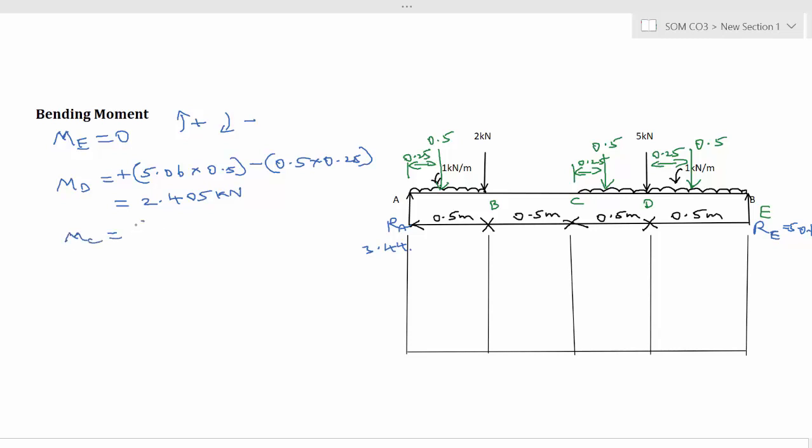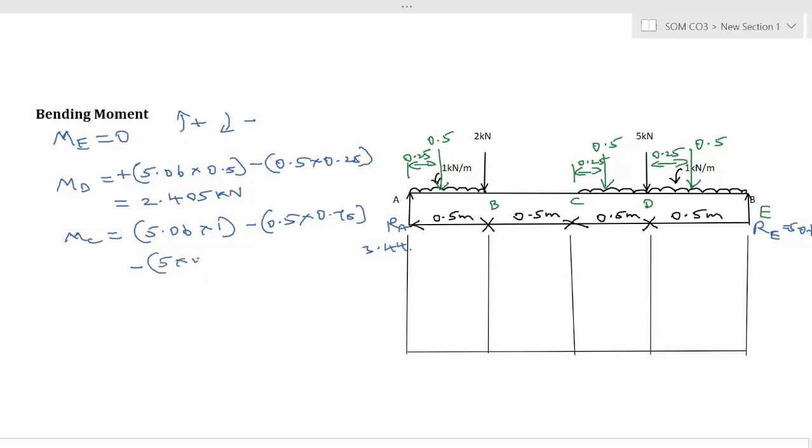Then consider the point C. MC is equal to 5.06 into the distance, which is 1 meter. Then minus the UDL acting, it is 0.5 into the distance, which is 0.5 plus 0.25, so 0.75. Then minus the 5 kilonewton acting at a distance of 0.5 meter.